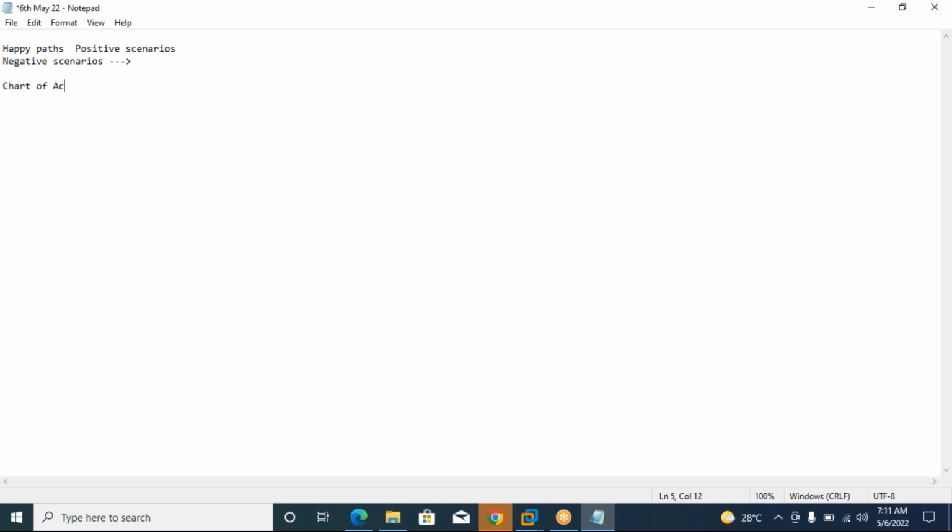The chart of accounts is classified into assets, liabilities, equities, sales revenue, cost of goods or purchase expenses, expenses, other incomes, and appropriation. The chart of accounts is classified into these many parts.